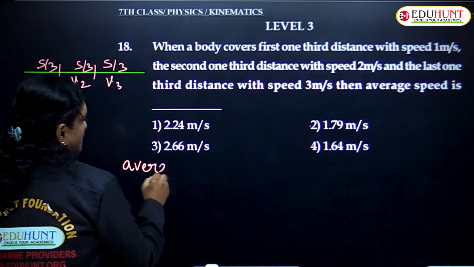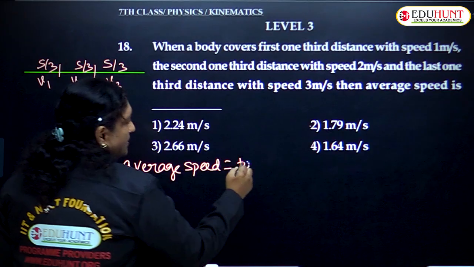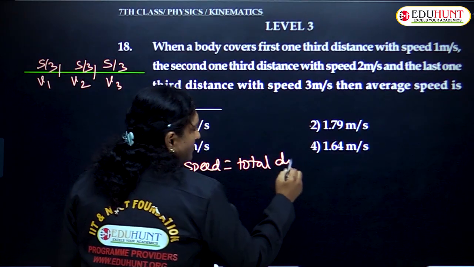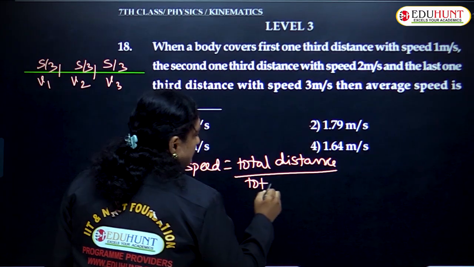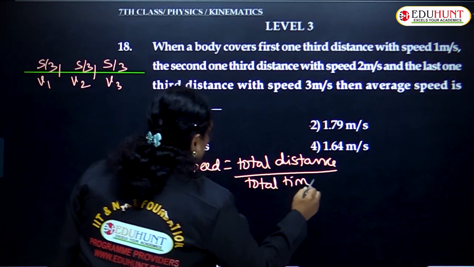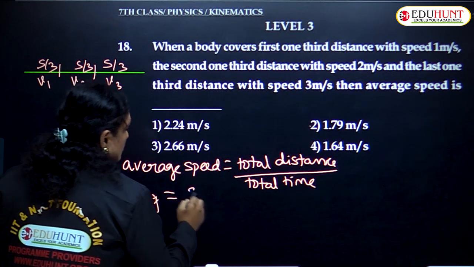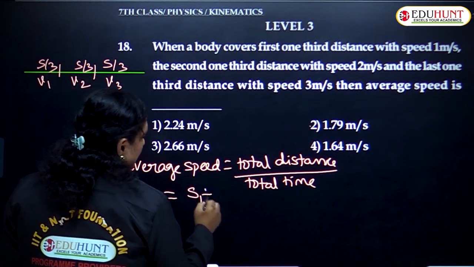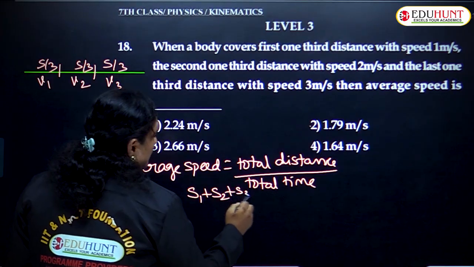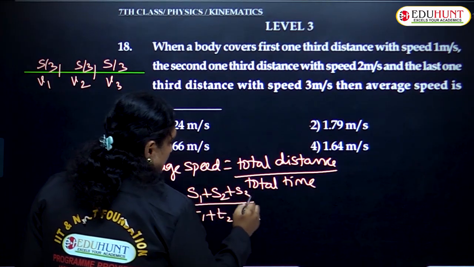So you're asked to find the average speed. As usual, average speed is equal to total distance by total time. So average speed, indicated by V average, is equal to total distance, which is S1 plus S2 plus S3, the general formula, upon T1 plus T2 plus T3.